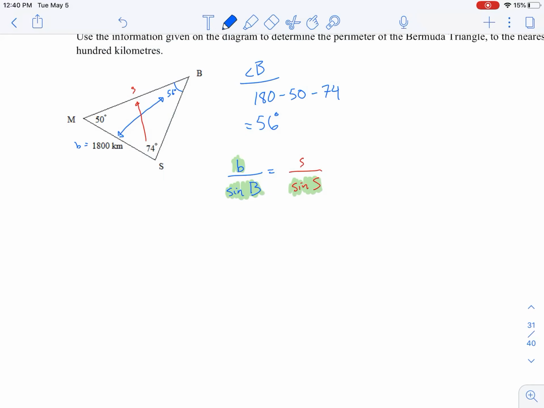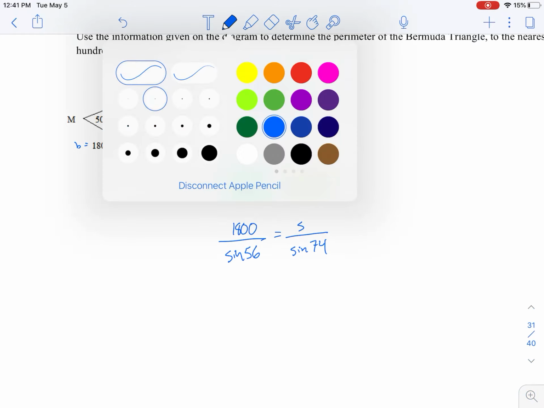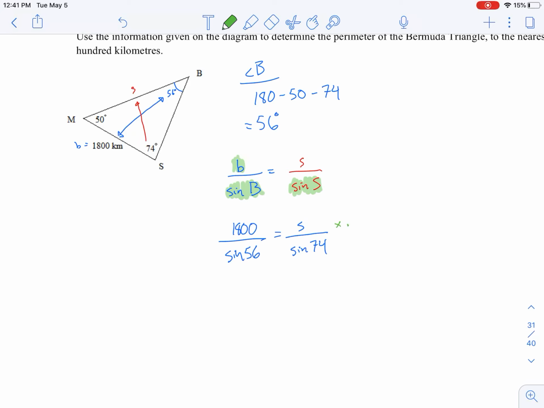So I'm going to go ahead and fill out some values. b is 1800, divided by sine of b, which is sine 56. s is my unknown, and sine of s is sine 74. So 3 of the 4 pieces of the puzzle. I'm going to multiply both sides by that denominator to get it out of the denominator. Multiply that side by sine 74. Sine 74 divided by sine 74 is 1.